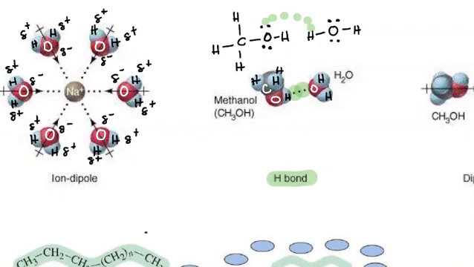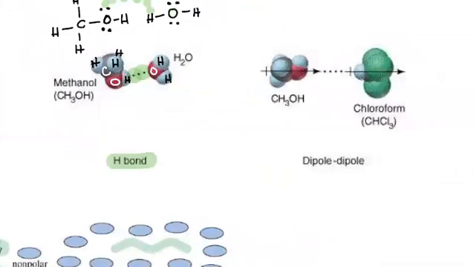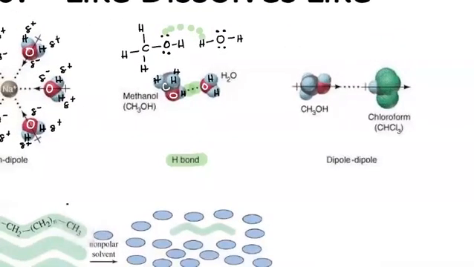Now, there is a third type of interaction that can happen between water, okay, and a polar molecule. Or, sorry, that it can happen between polar molecules. Well, it can happen between water and polar molecules too, depending on the molecule that we're dealing with.